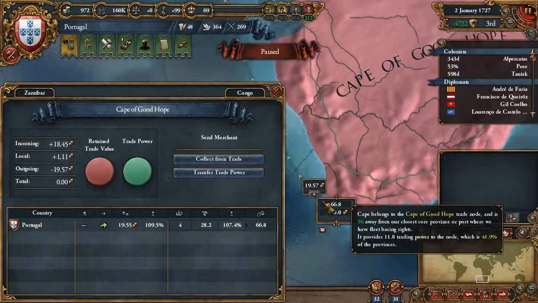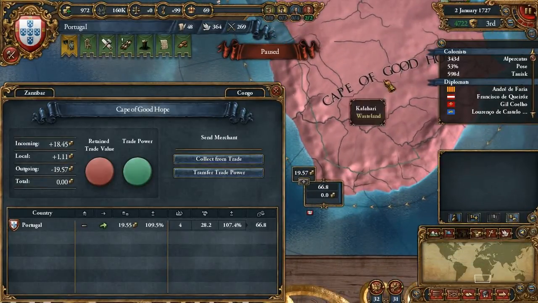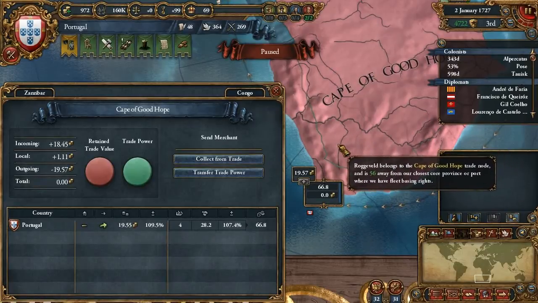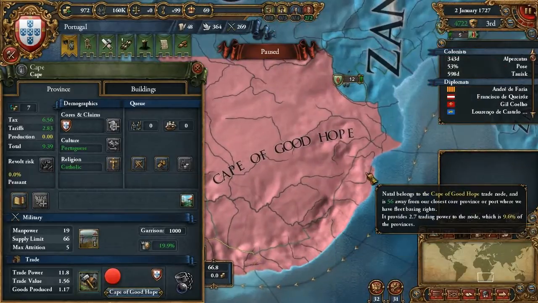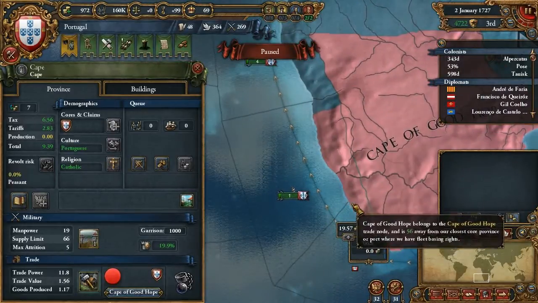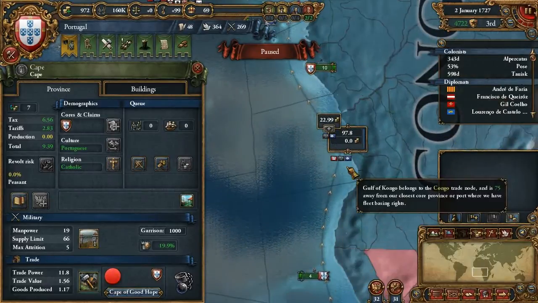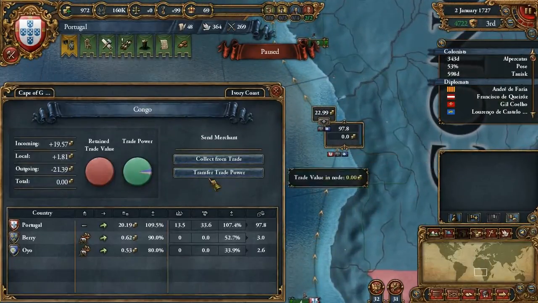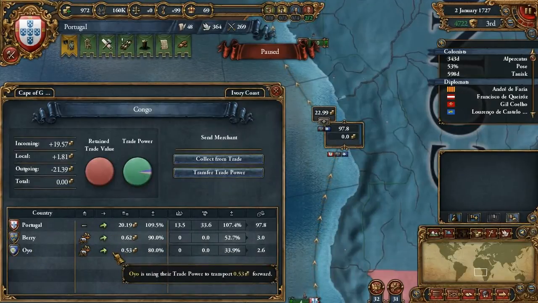So you don't need a merchant where you dominate, or if everyone is just pushing along and no one has collection here. Even if I had a single province, or even if I didn't control this, but no one had a capital here, no one tried to collect here, all of the money would just flow along the way. So here's a perfect example. 3 nations here, and all of them are just pushing money.